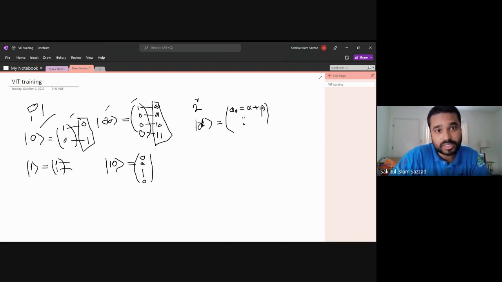Then we can say this is on Hilbert space, because Hilbert space deals with complex numbers. This is a complex plane. So these two also come from the real part and the imaginary part of a complex number.